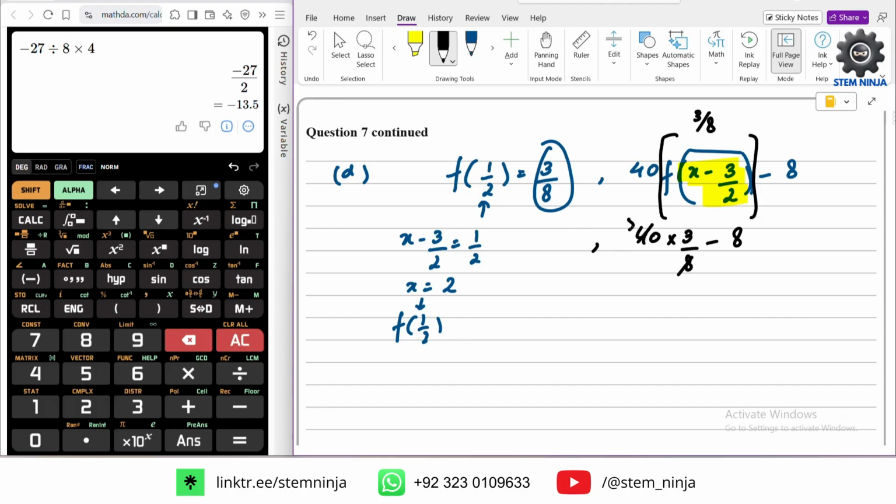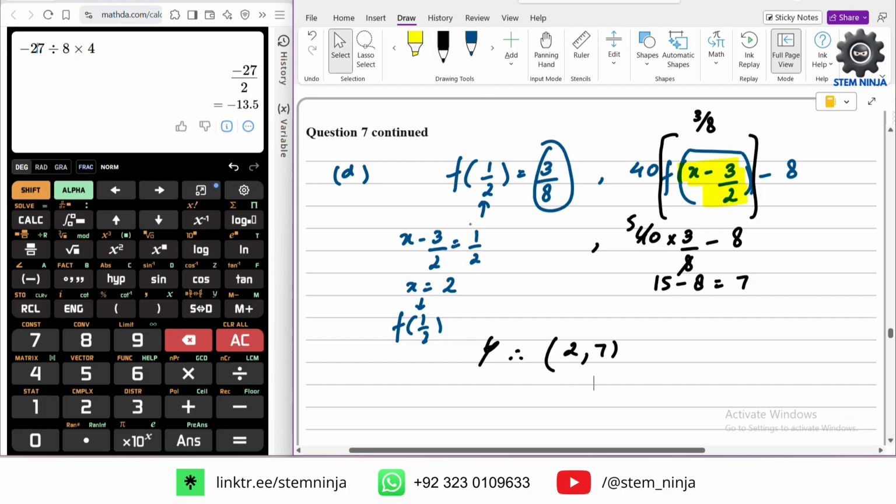So 8 times by 5, 15 minus 8, 7. So the point is going to be therefore 2, 7. And that is your question number 7. Let's move on to the next question.